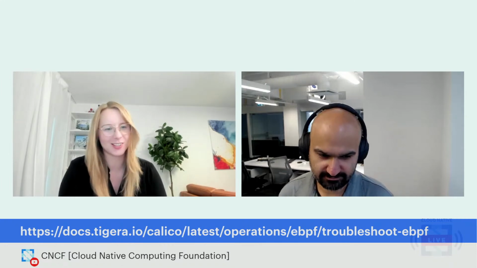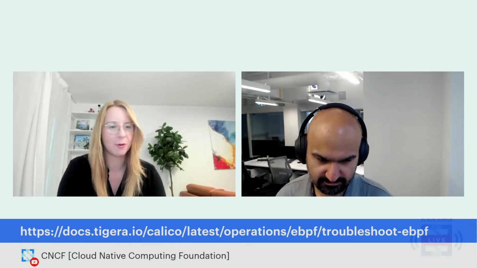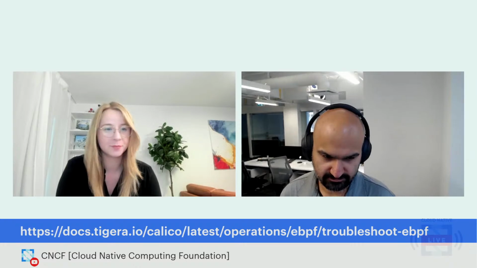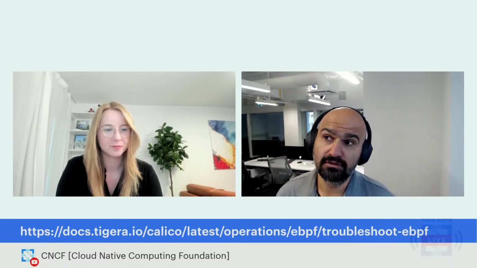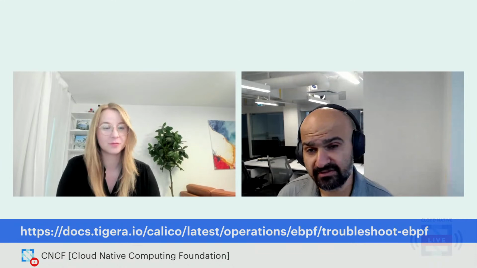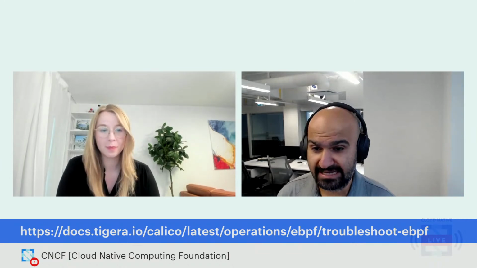Reza asks, can I use the eBPF DDoS protection feature for advanced scenarios? Actually, how does it understand when an attack is happening? eBPF doesn't understand if an attack is happening.